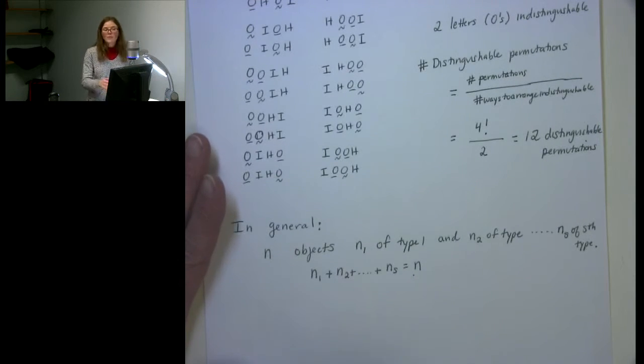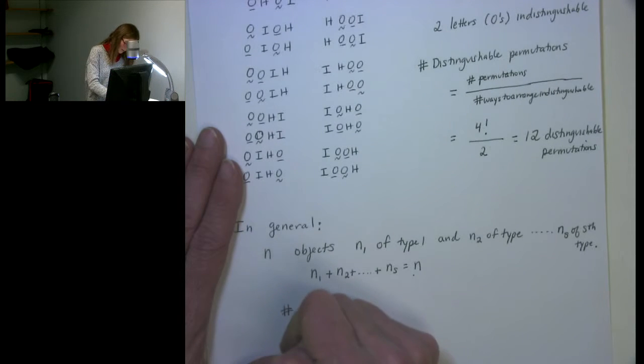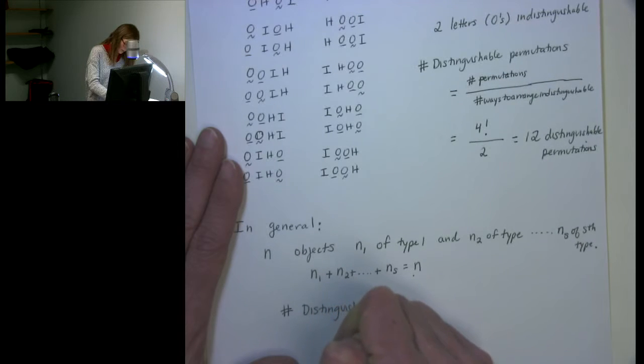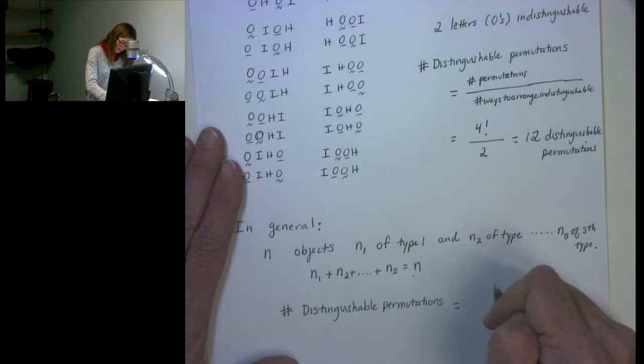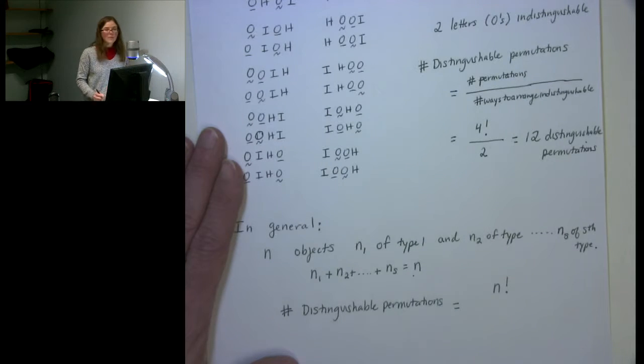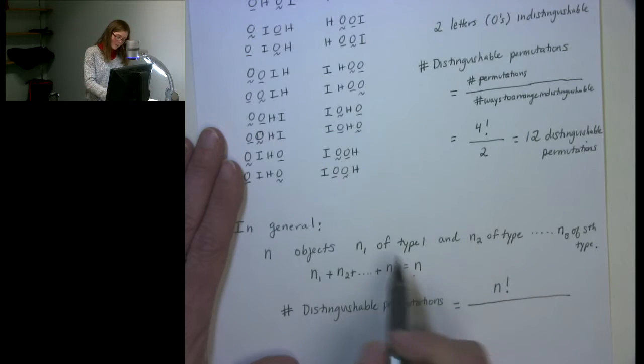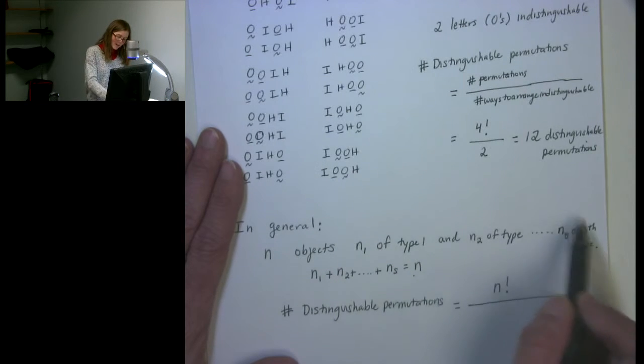The number of distinguishable ways that I could permute these objects is going to be equal to n factorial, that's the number of total permutations, divided by the total number of ways that I could permute each type.